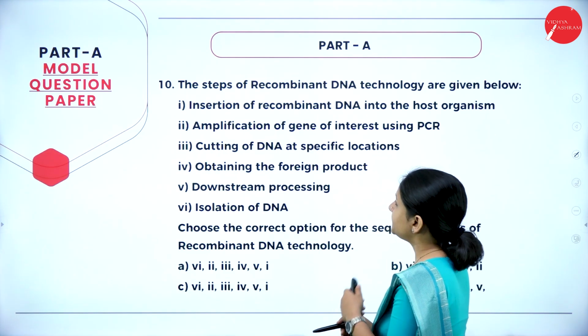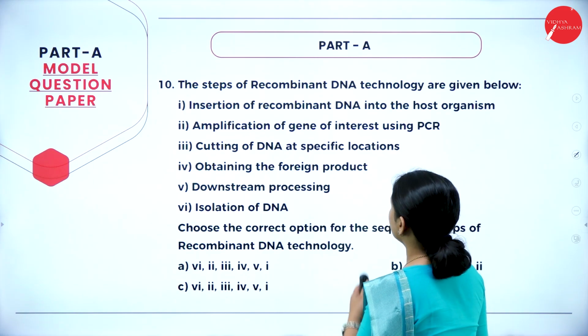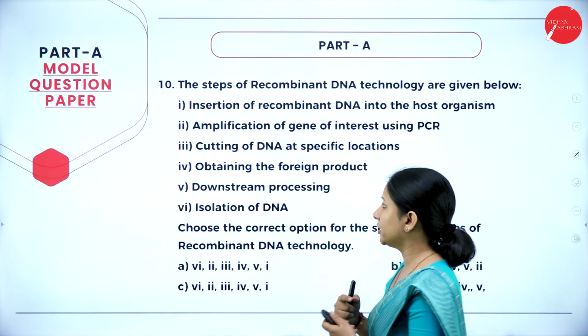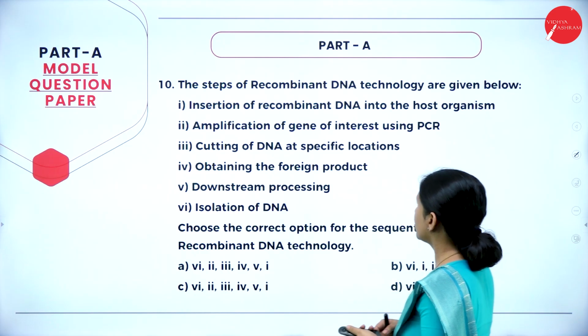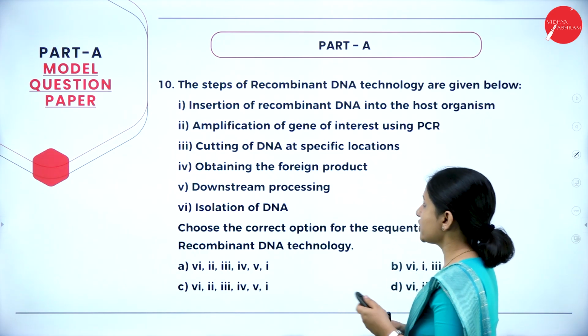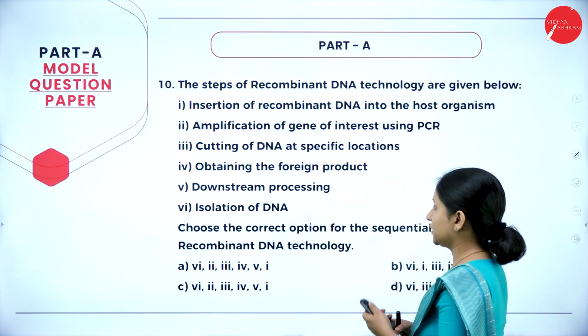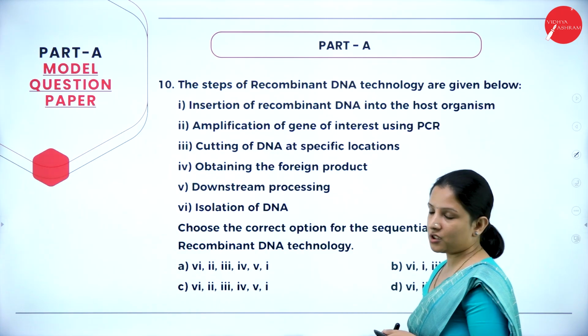Moving further, this is about recombinant DNA technology, wherein they have given the steps of recombinant DNA technology. We have to arrange them in the right order. The first one they have given is insertion of recombinant DNA into the host organism, then amplification of the gene of interest using PCR, then cutting of DNA at a specific location, then obtaining the foreign product, then downstream processing, then isolation of the DNA.